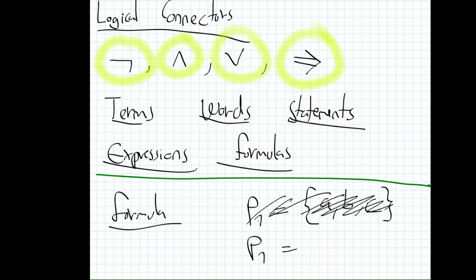It could be defined instead of terms as a word. A, B, D, etc., something, right?